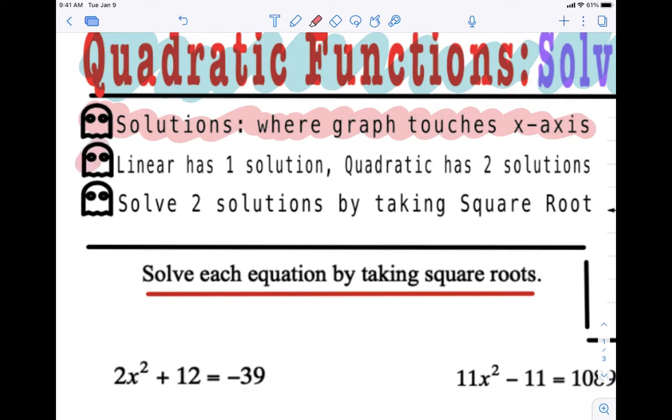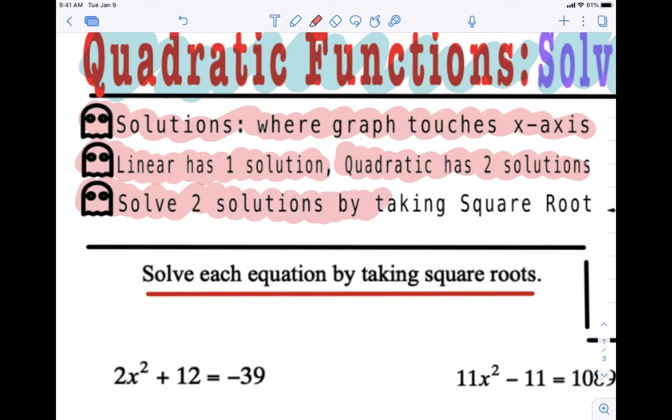Second ghost here, it says linear has one solution, quadratic has two solutions. Okay. And then our last ghost says solve for two solutions by taking the square root.